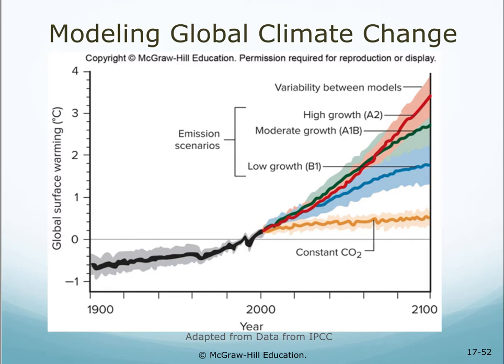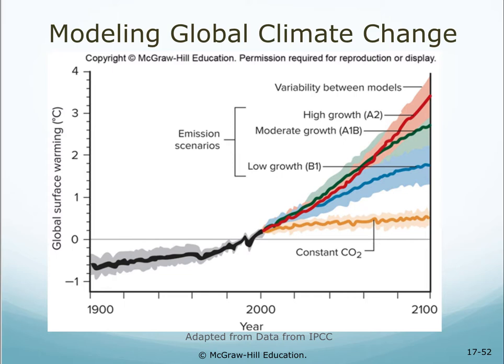Each plot corresponds to a different greenhouse gas emissions scenario. Scenario A2 assumes slow economic growth, rapid population growth, and slow technological changes favoring the preservation of fossil fuels as the dominant energy source.